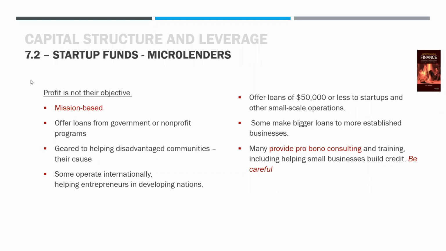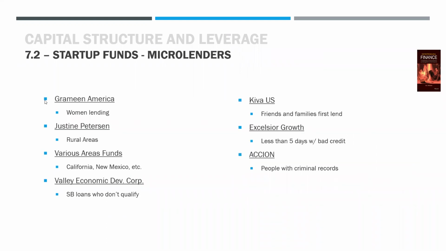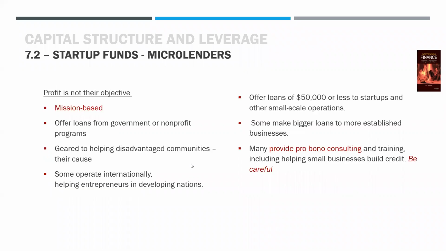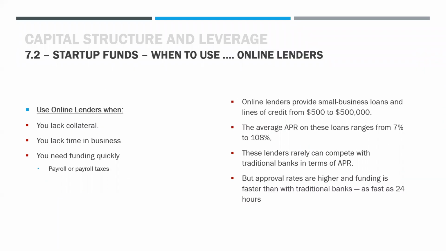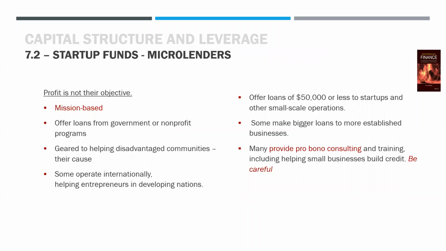So micro lenders, again, profit's not their objective, they are mission based. There are some examples of these on the next screen and what group they target, or that they service, excuse me. They offer loans from government or nonprofit programs.